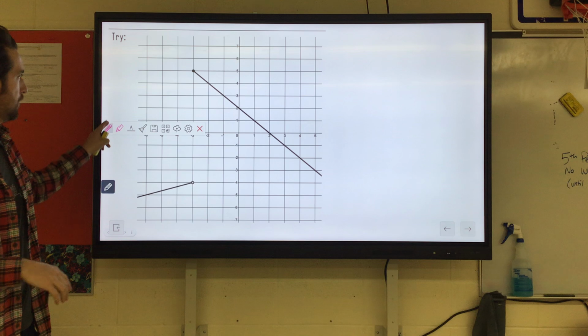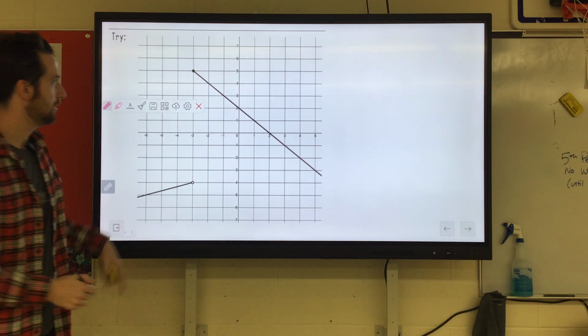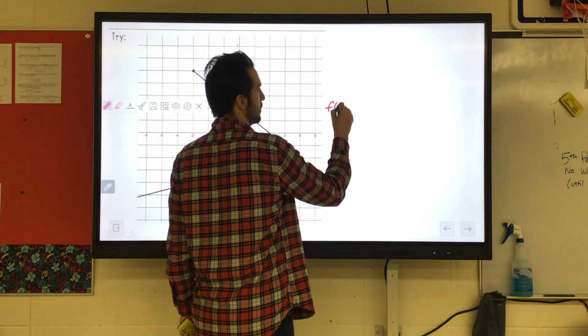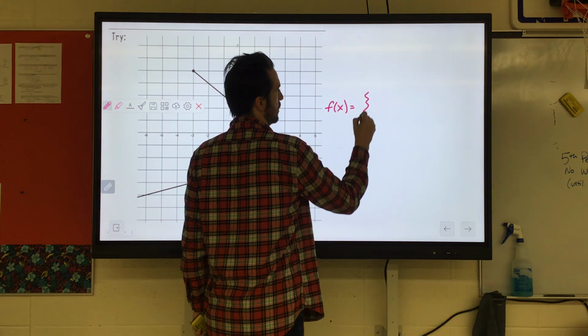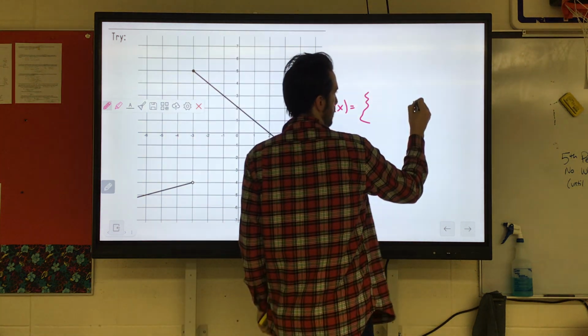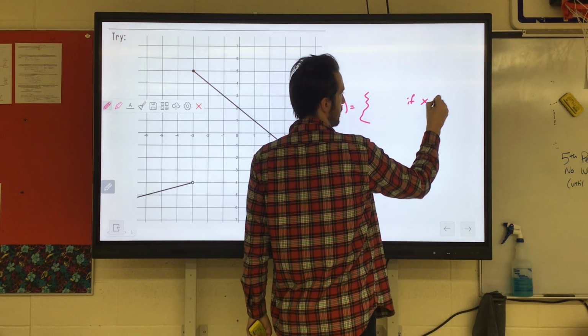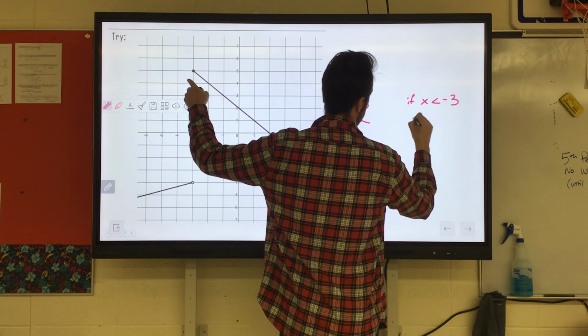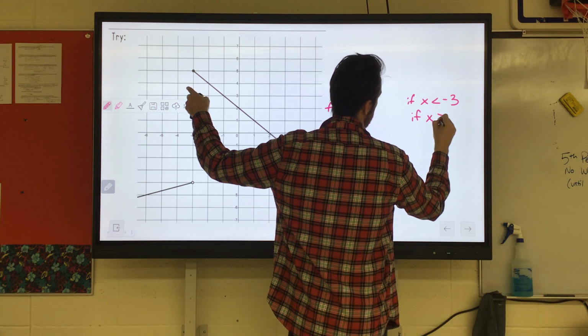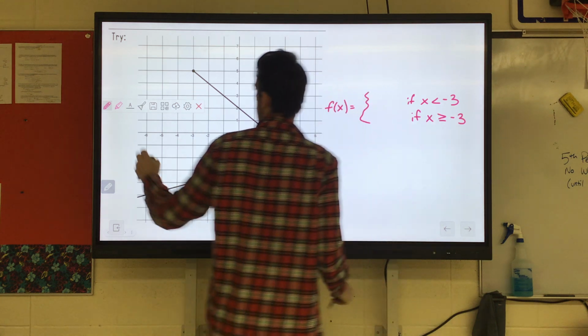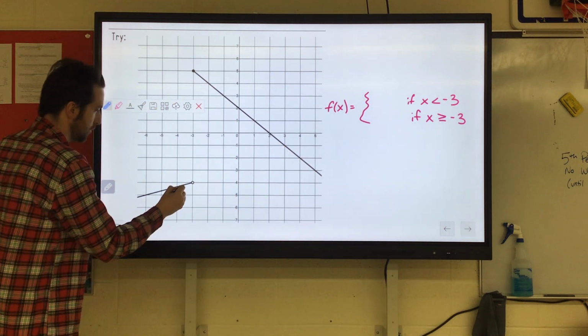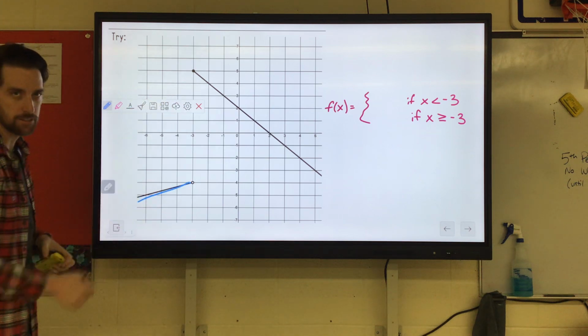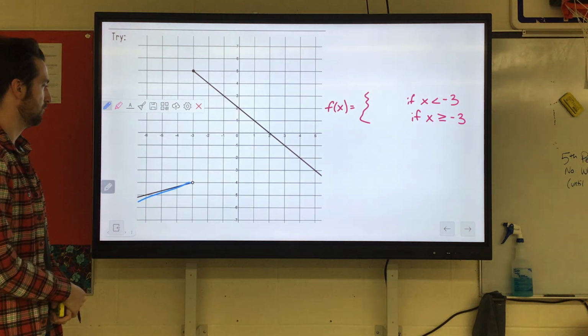All right, so we got a break at -3. So f of x equals some stuff. That one's an open dot, so that would be if x is less than -3. And then this one's going to be if x is greater than or equal to -3. So I'm going to make this my blue line. I'll write the equation in blue so it might be easier for you to check.